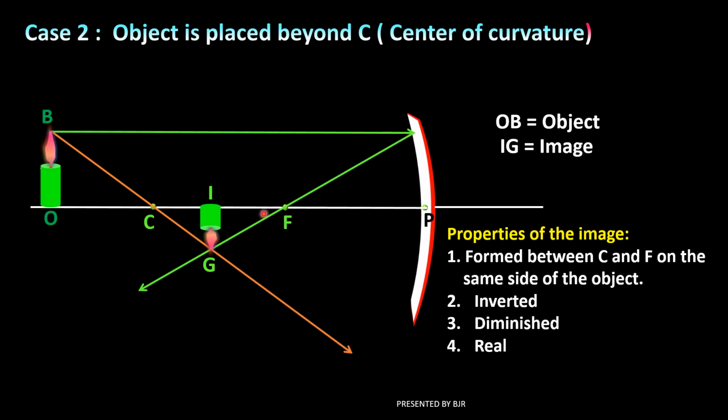This is the reflected ray, this is the second reflected ray. These two reflected rays are meeting themselves, that means you are not extending them backwards. So the real image is formed here. So these are the properties of the image.